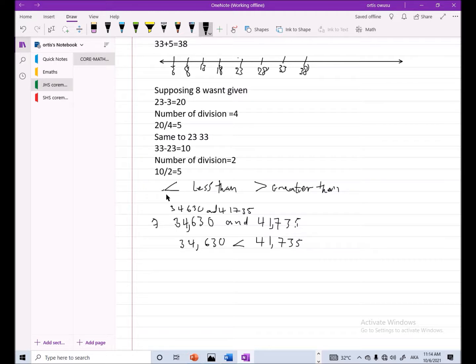If we bring greater than here now, it would be wrong, because this is less. If you want to use the greater than, then we bring this one first. Says that 41,735 is greater than 34,630. Very simple, easy way to go.